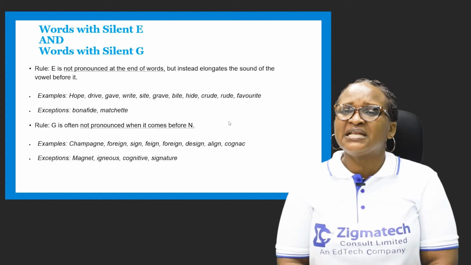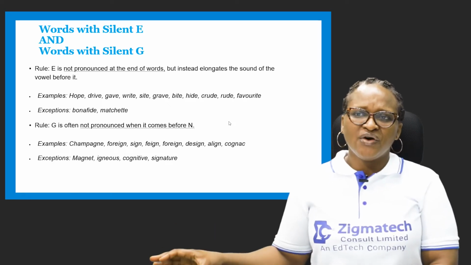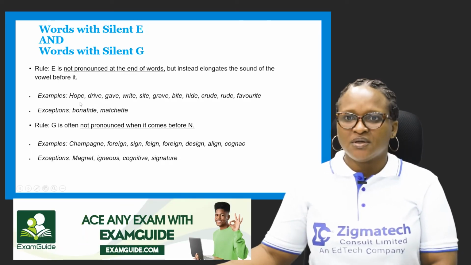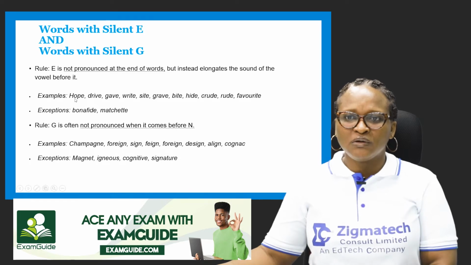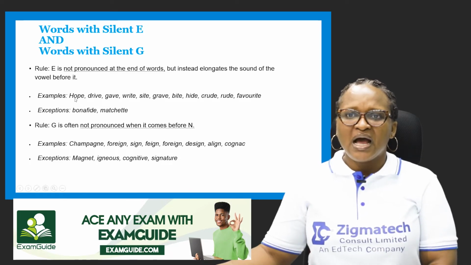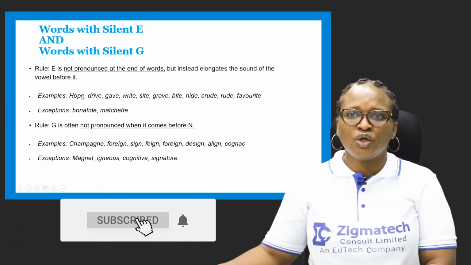In that case, there is no need to pronounce the E. Look at these examples. Hope. Hope has a diphthong in this letter O. I hope I will see you tomorrow. Because of that, the E is not pronounced.